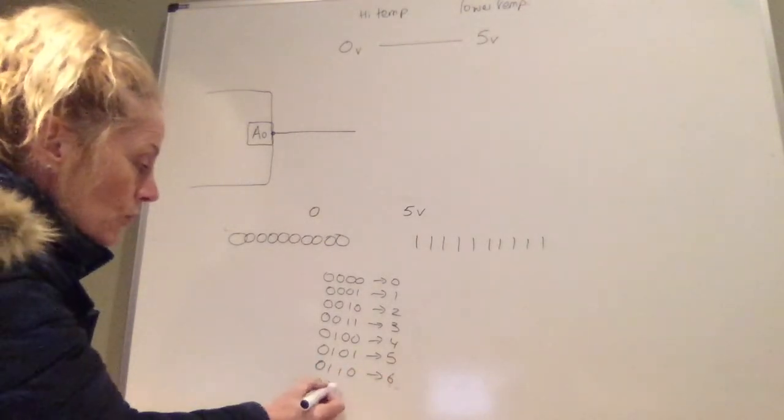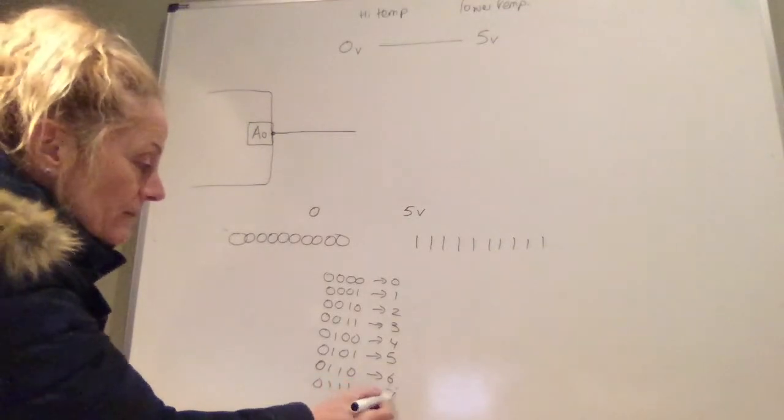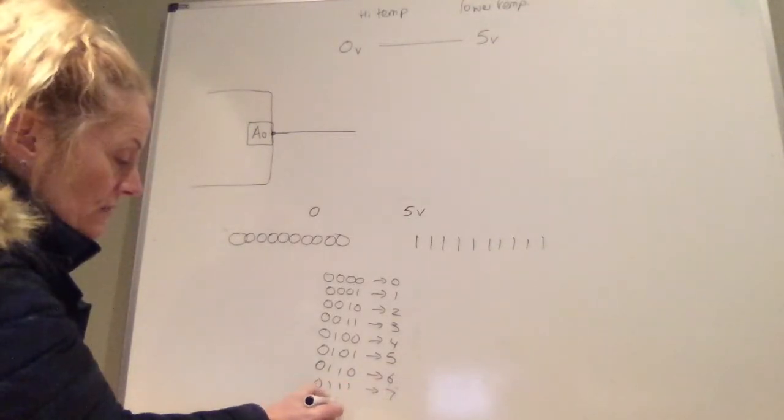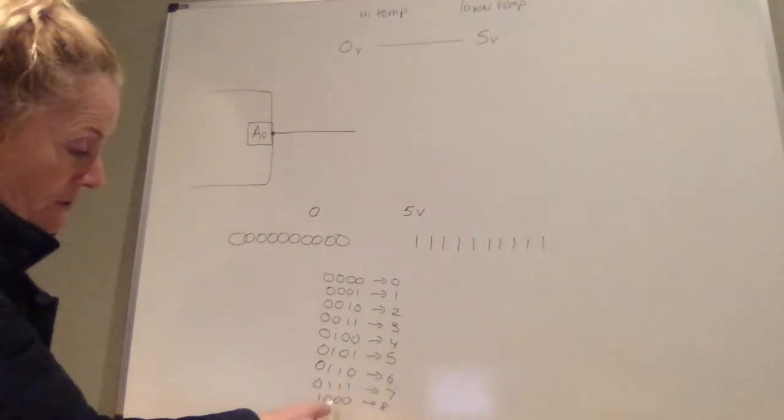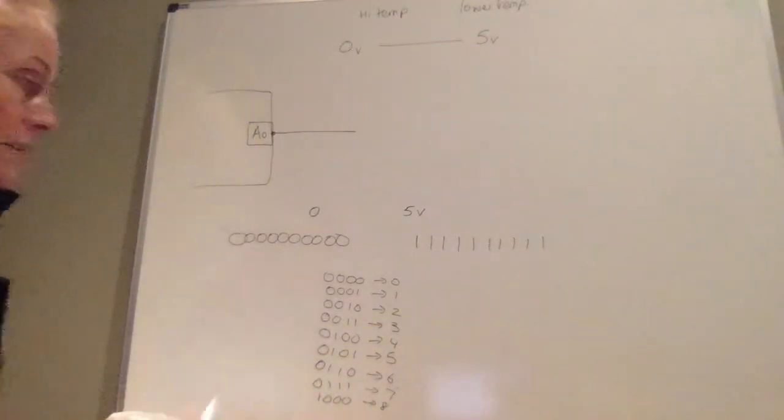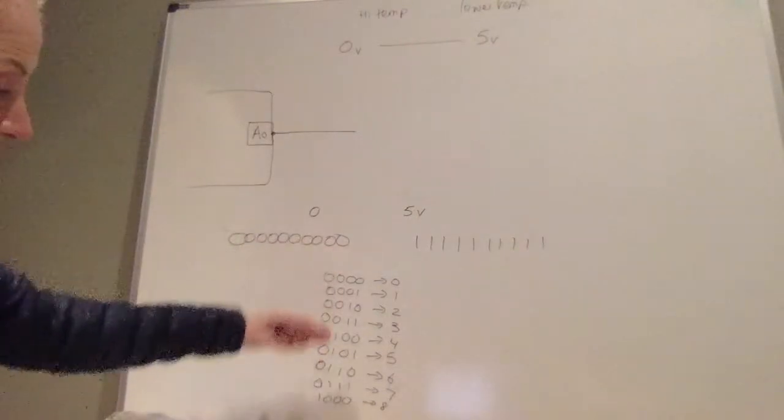And 0, 1, 1, 1 means 7. And then 1, 0, 0, 0 means 8. And it continues on. 1, 0, 0, 1 is 9, and so on. Okay, that's how digital counting works.